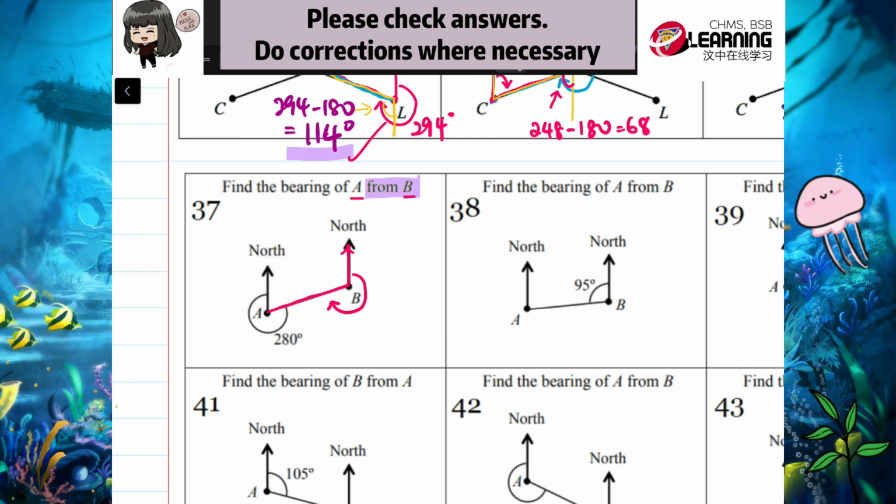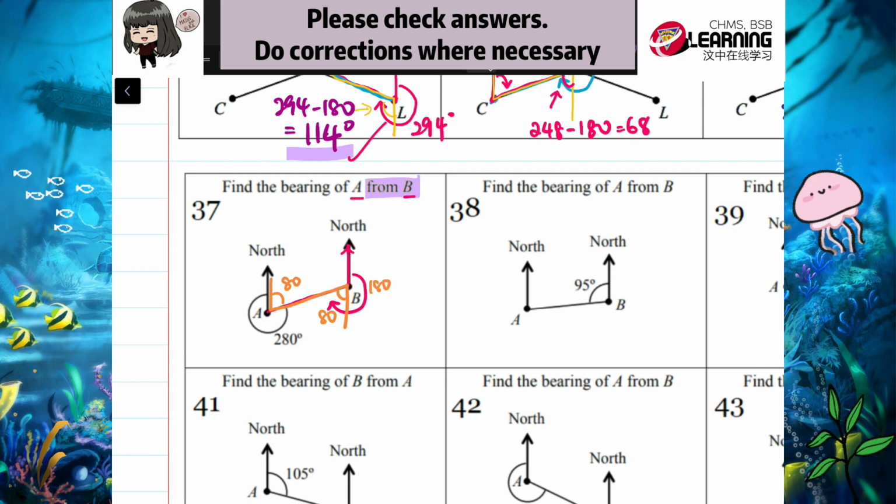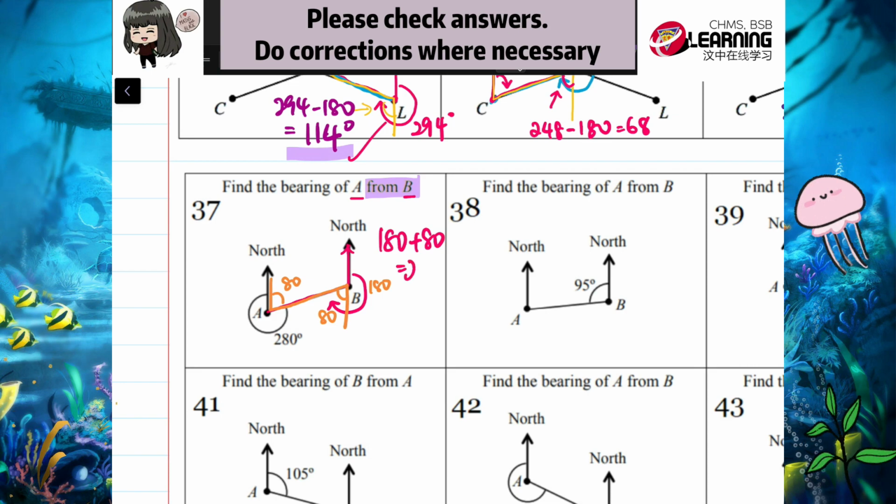Okay, so this bearing is coming from here to here. So this one is 80, and alternate Z here, this is also 80, so therefore we have 180 plus 80. Okay, so the answer is 260 degree.